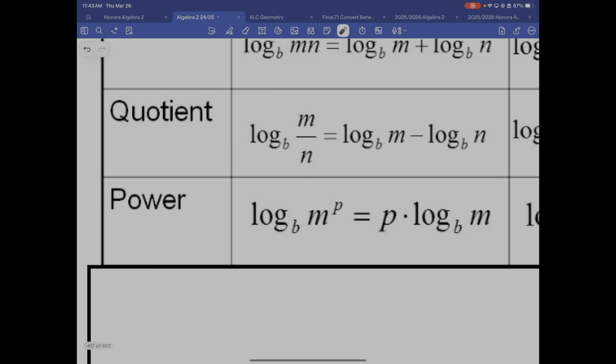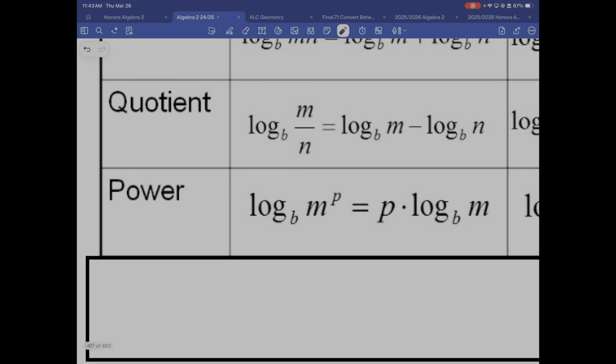The last property is the power property. And this is the one that messes people up a lot. Power property says that if you take log base b of m to the p power, you're going to take whatever that exponent is, and you're going to move it out front. And then take it times the log base b of whatever the base of your exponent was.